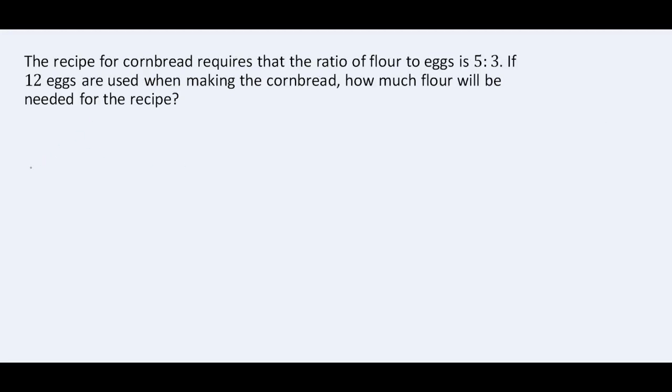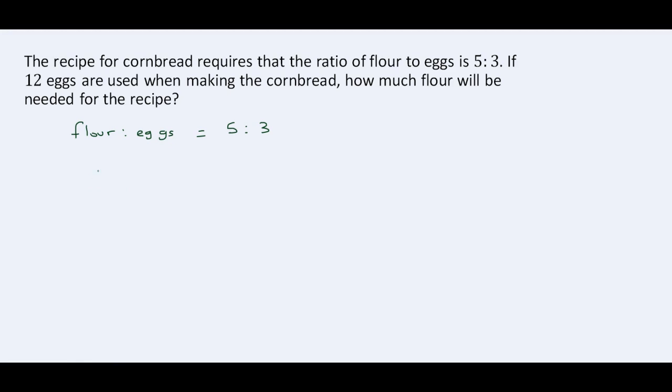Our final example. The recipe for cornbread requires that the ratio of flour to eggs is 5:3. If 12 eggs are used when making the cornbread, how much flour will be needed for the recipe?